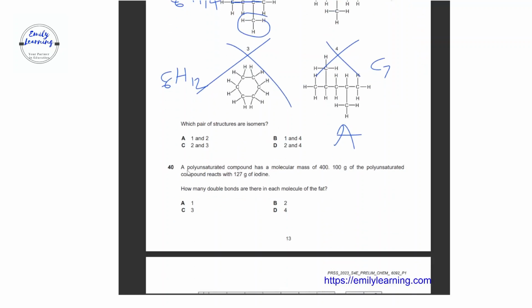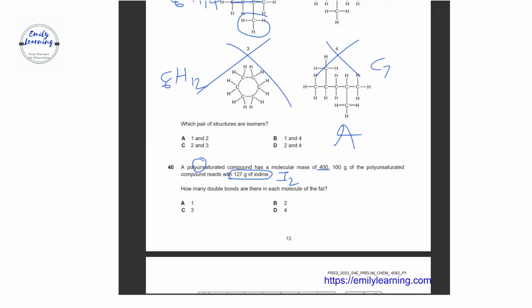Question 40. A polyunsaturated compound has a molecular mass of 400. 100 grams of the polyunsaturated compound reacts with 127 grams of iodine. So remember, this is basically your addition reaction with halogens.